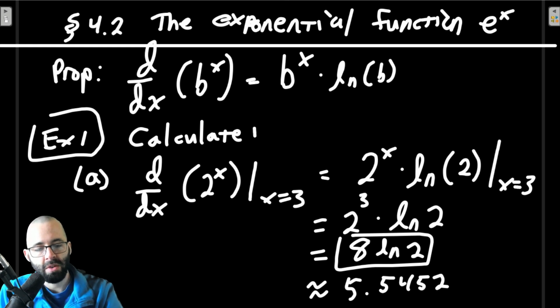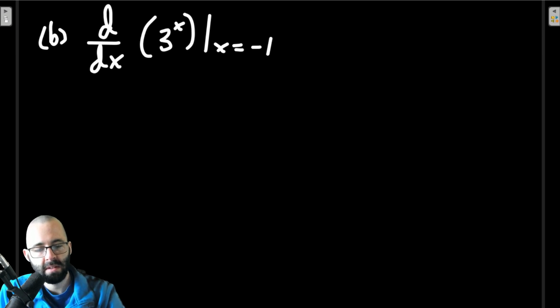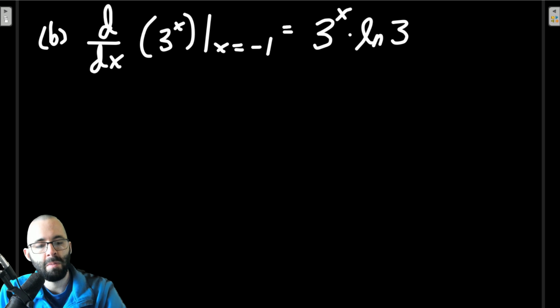We're going to use that property. The derivative of an exponential function is itself times the natural log of the base. This is going to be itself, the exponential function, 3 to the x all over again, times the natural log of the base. The base of this exponential function is 3. And then we'll have to plug in x equals -1.